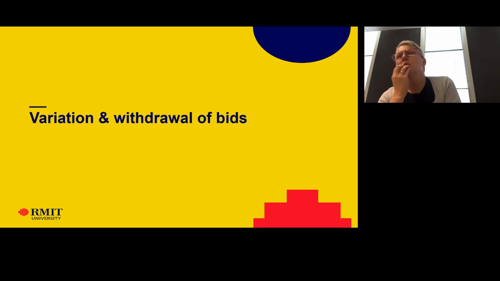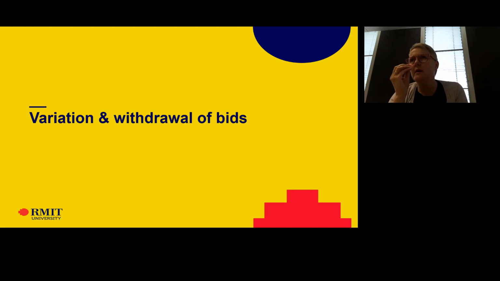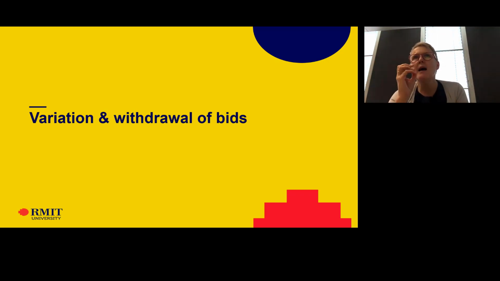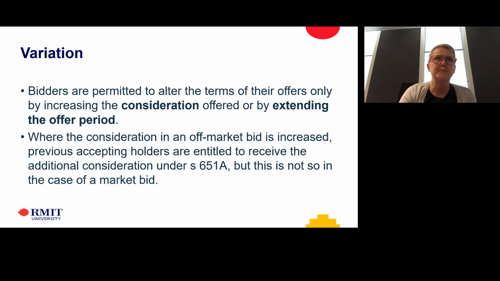So once we've got a bid, we know what the conditions are, it's working through the process, how can it be changed? I mentioned a couple of times that often the price changes, and how and when can it be amended? So in relation to variation, bidders are permitted to change the terms of their offer by increasing the price or extending the offer period.